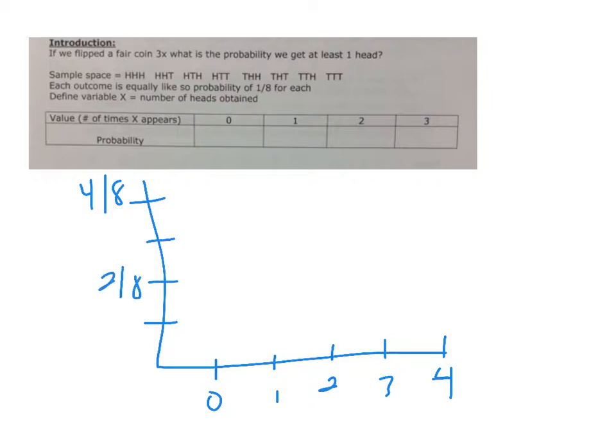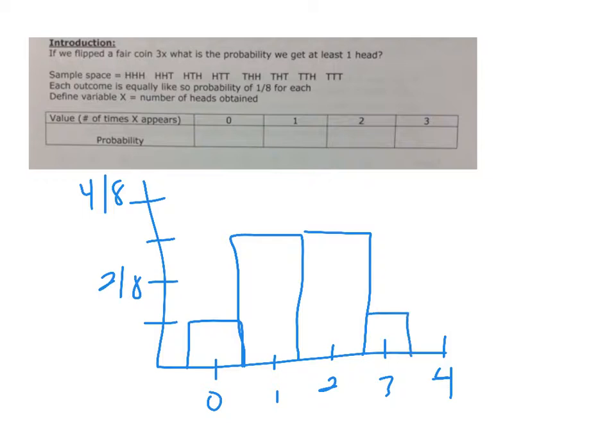So if I do a quick histogram of this, I get a probability of 1/8 that heads shows up no times at all, 3/8 that it shows up 1 time, 3/8 that it shows up 2 times, and 1/8 that it shows up 3 times. Does that look familiar to you? Remember, this is a roughly normal distribution. We're still going to have to be able to describe these graphs and what's going on, our center, shape, and spread.